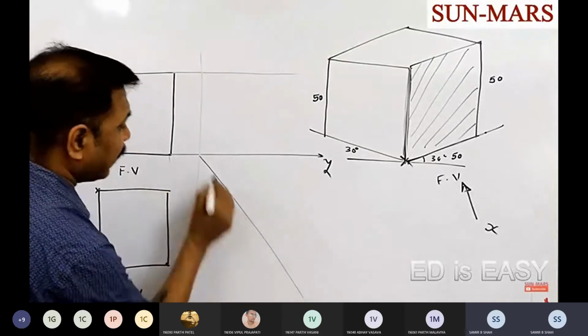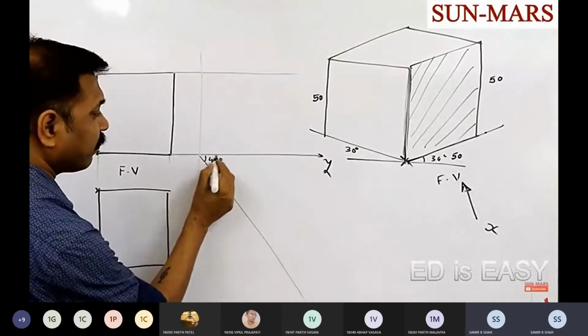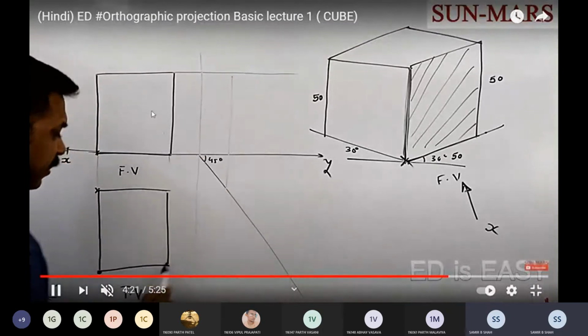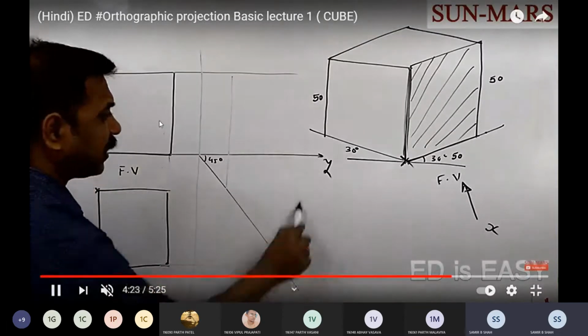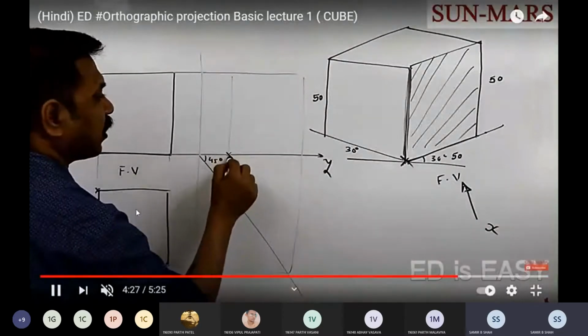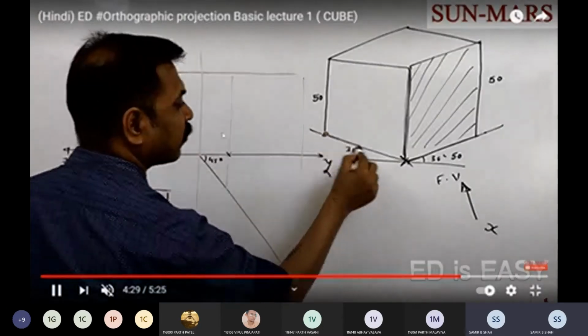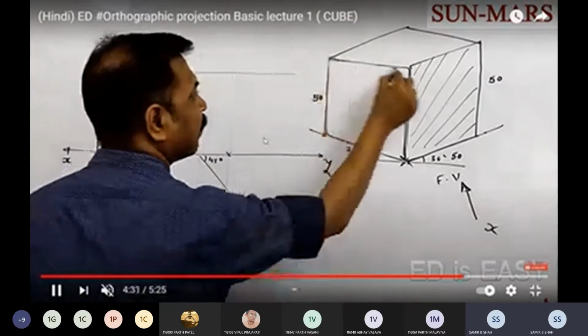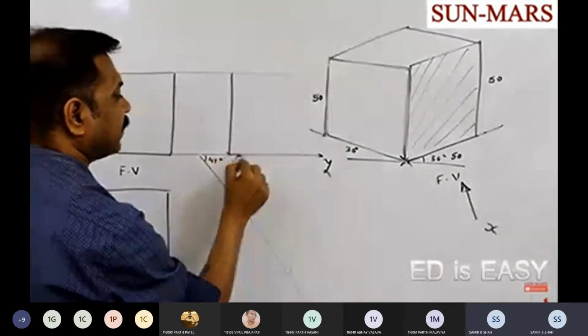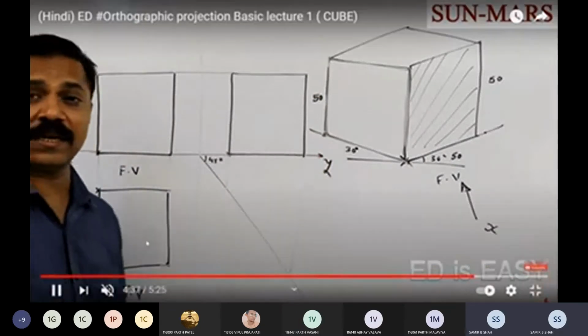So in the first angle method, we draw it on the opposite side, means left hand side. The top view, which we drew below, and the front view, we draw in front. You just remember that in the first angle method, top view at the bottom side, front view at the front side, and if there is a left hand side view, then it is drawn on the right side, and if there is a right side view, then it is drawn on the left side.